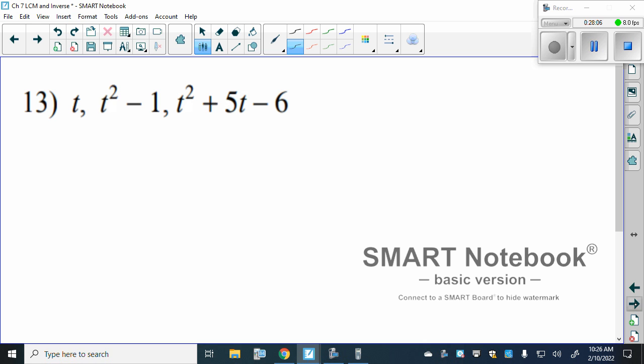Now this one here, we have t, t squared minus 1, and t squared plus 5t minus 6. Well, the first t is as factored as it gets. It's by itself. Now the t squared minus 1 will factor too. T plus 1 and t minus 1.